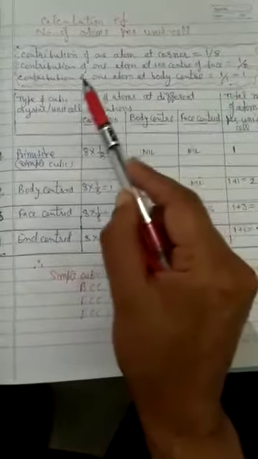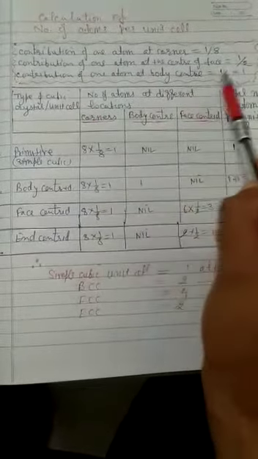So at the center of the body, the atom wholly belongs to that particular unit cell. Let me repeat, contribution at the corner is 1 by 8, at the center of the face 1 by 2, and at the body center is 1.